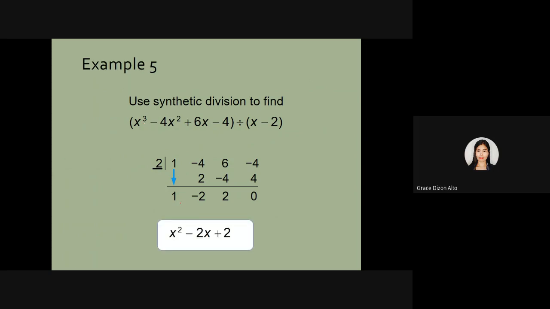So written down, 1 will be x squared, negative 2 will now be minus 2x, and our 2 will be our constant, which is positive 2. Therefore, the answer for x cubed minus 4x squared plus 6x minus 4 divided by x minus 2 is x squared minus 2x plus 2, since we don't have a remainder.